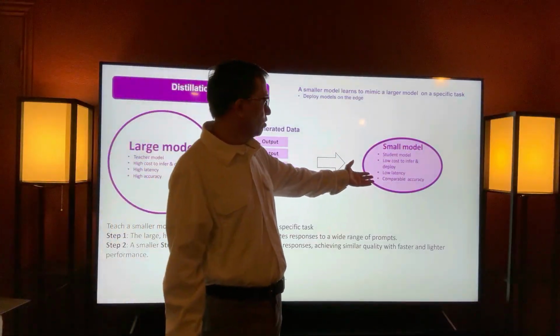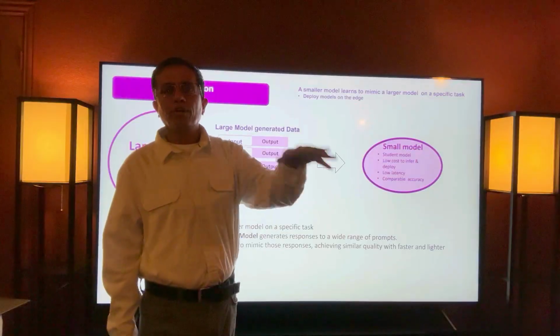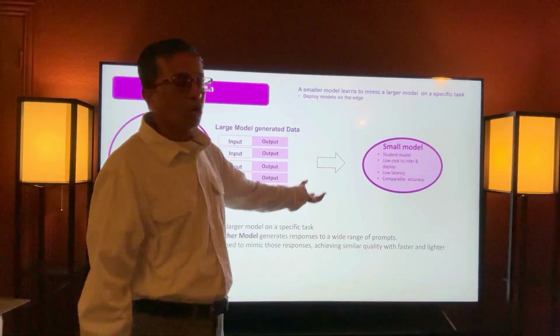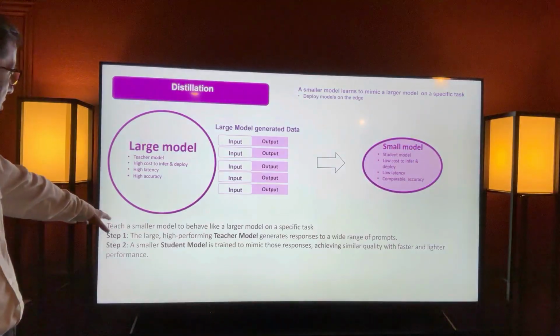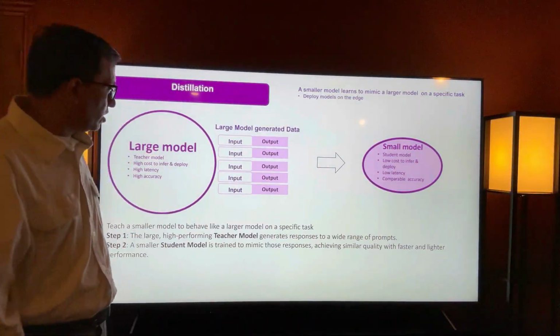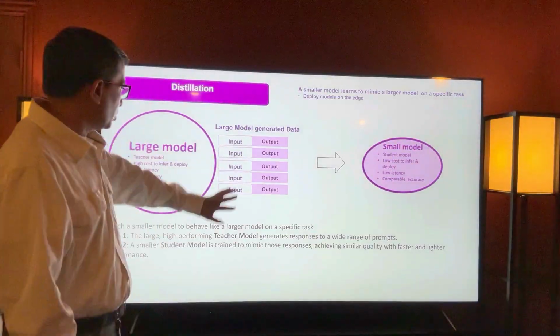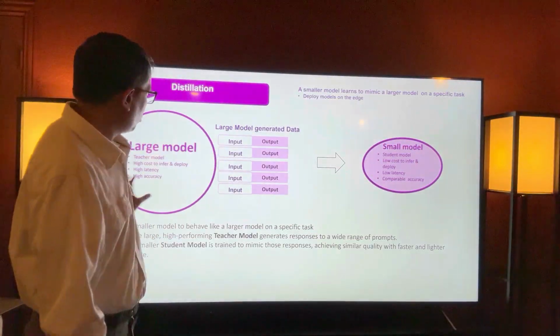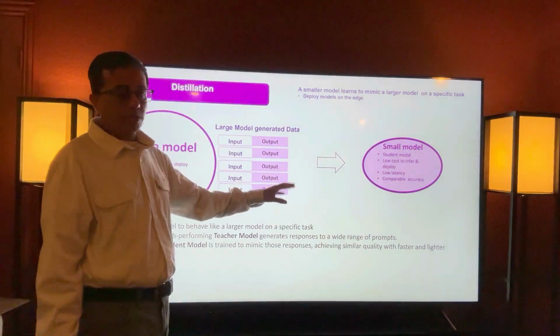Plus, of course, it is low cost to infer. You can deploy it on an edge. It has low latency, things like that, right? So the large, high performing model is a teacher model. You generate responses for a wide variety of prompts, and then you use that as an input to train the smaller, the small language model.